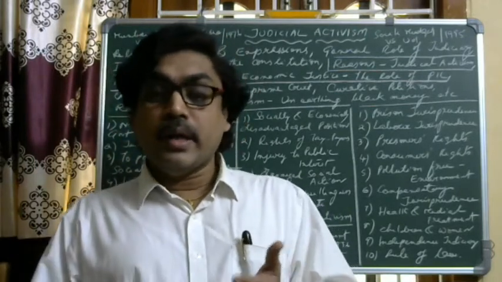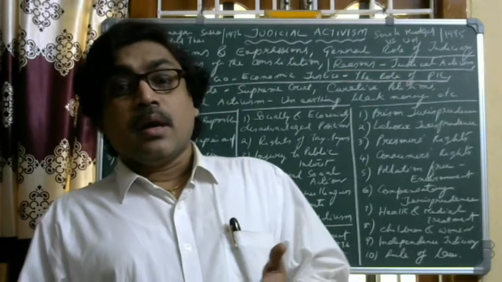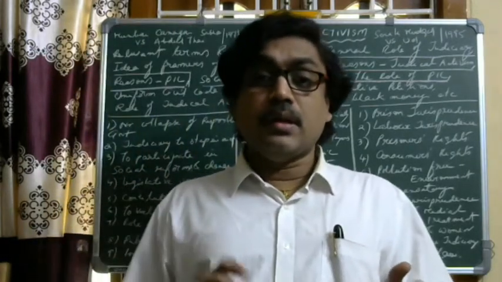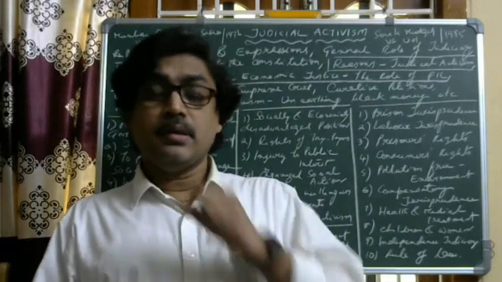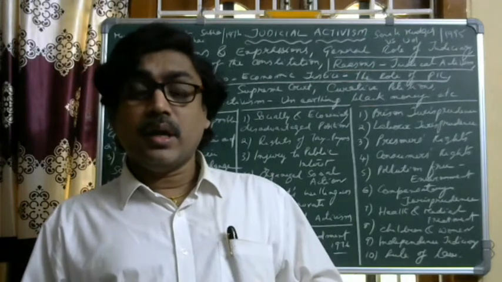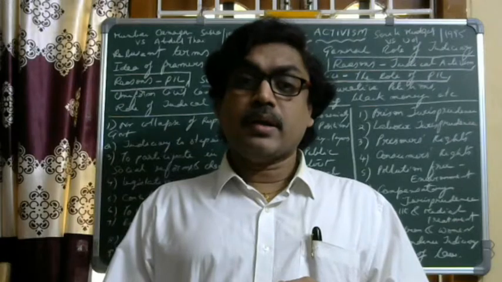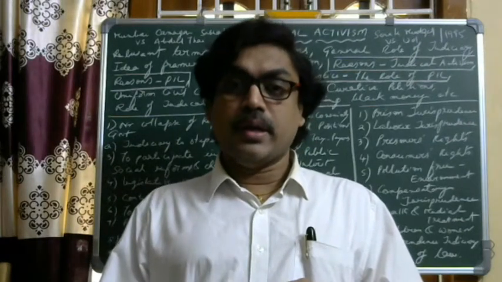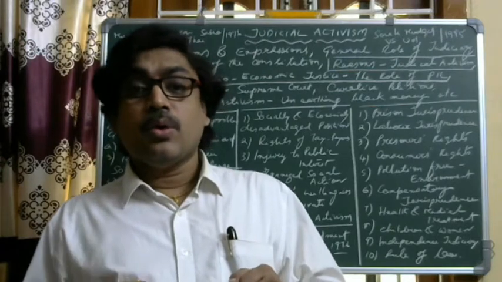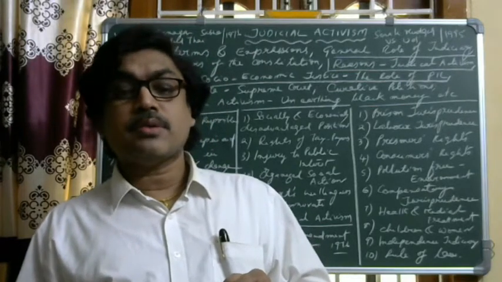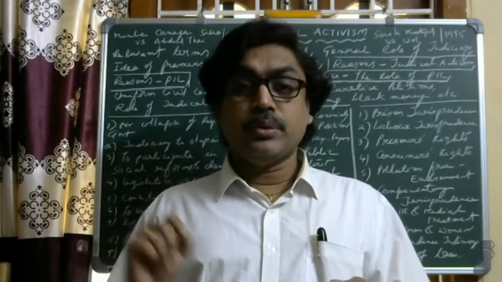And the next one, as I already told you, is Mumbai Kamgar Sabha versus Abdul Thai. It is related to public interest litigation. And Hussainara Khatoon versus State of Bihar is also related to public interest litigation. This is the first public interest litigation in India. As well, I explained that Rupa Ashok Hura versus Ashok Hura is related to the curative petition, decided in 2002.